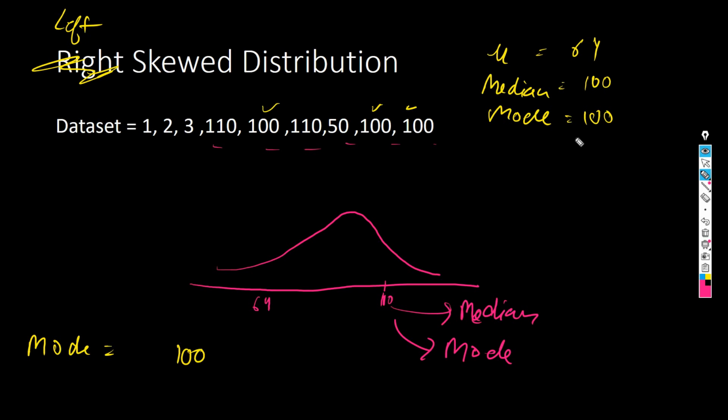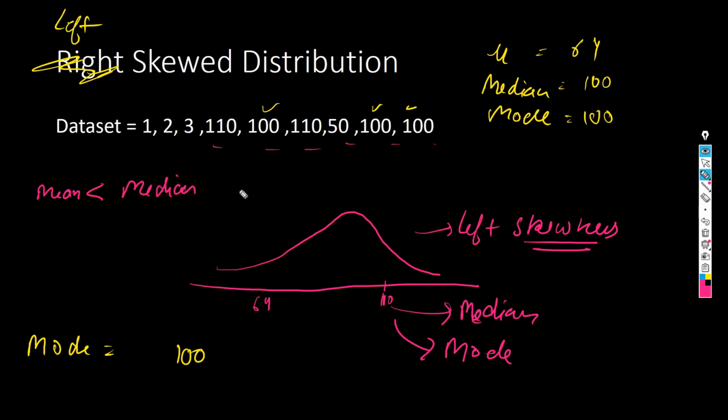Now in our next video, we will see how we can handle this type of thing, how we can convert this type of skewness into a normal Gaussian distribution, right? So this is something known as left skewness. If your mean is less than your median, it is left skewed.